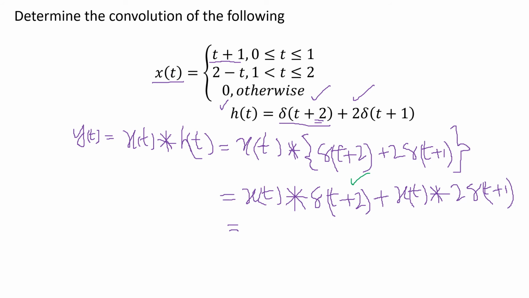So that means we can write x of t plus 2, plus this impulse is scaled by a factor of 2, so the signal will also be scaled, giving 2 times x of t plus 1.